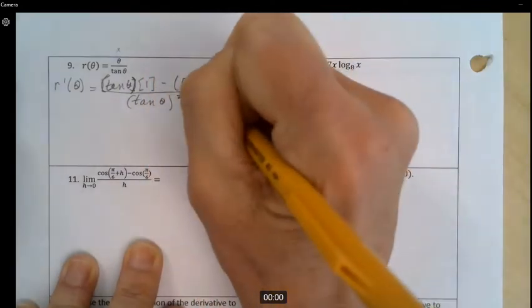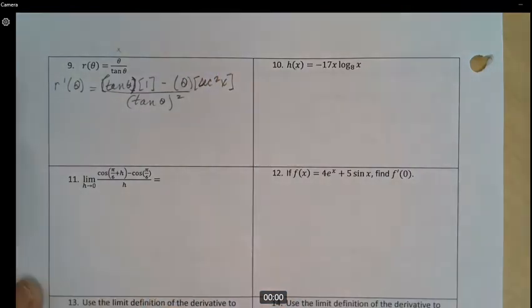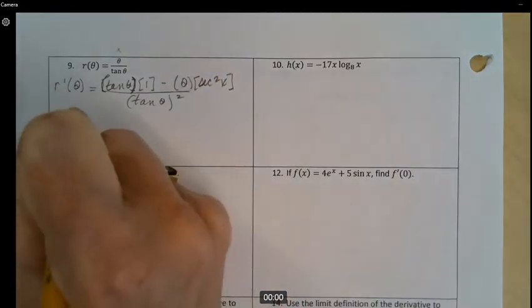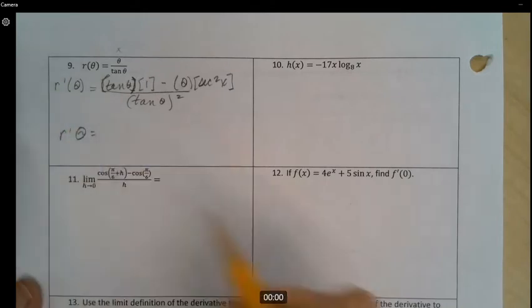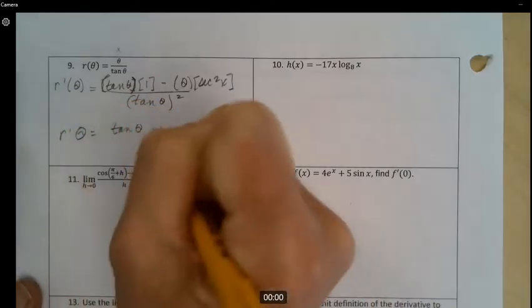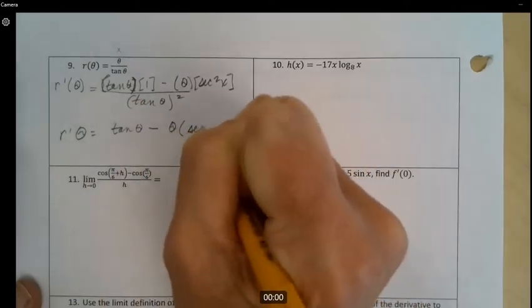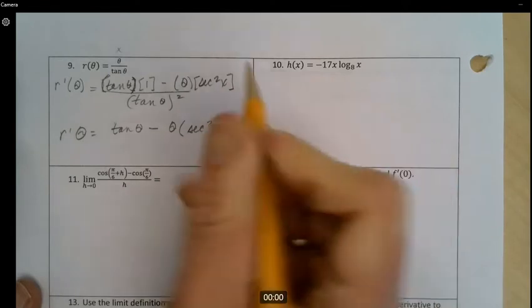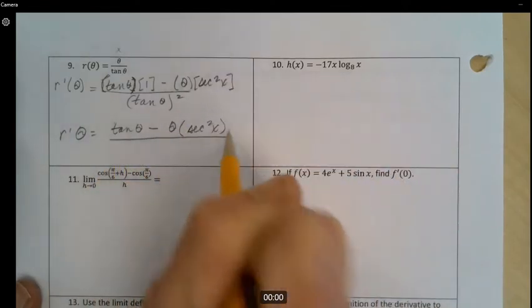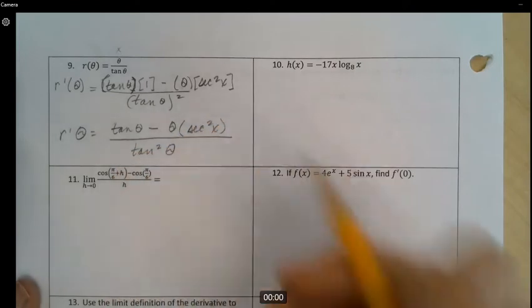Derivative of the tangent is secant squared of x. So my derivative is tangent of theta minus my theta value times secant squared of x all over tangent squared of theta.